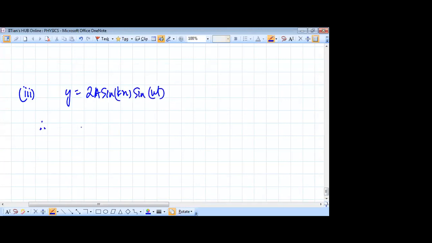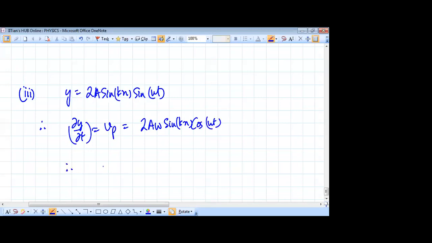Therefore, the particle velocity of the medium particles is 2a omega sine kx cos omega t.